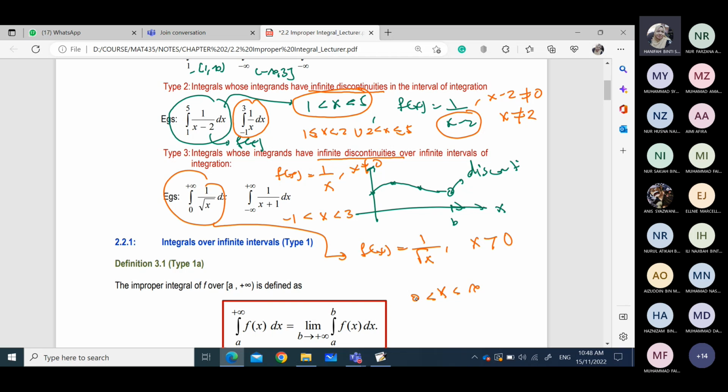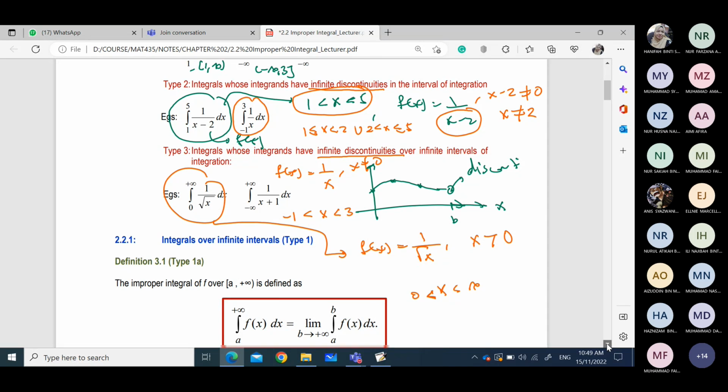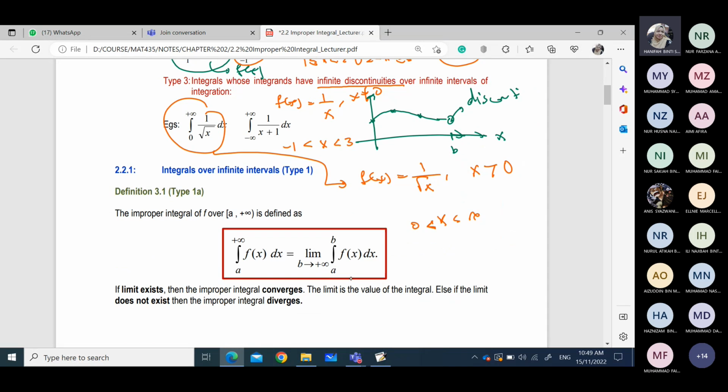Okay, so kat sini ada dua perkara. Satu, discontinuous. Okay, discontinuous, which is x must be greater than 0. And the other one here is infinity. Okay, infinity. Jadi you kena pecahkan kepada dua bahagian juga, dua atau tiga, lebih kurang macam tu.